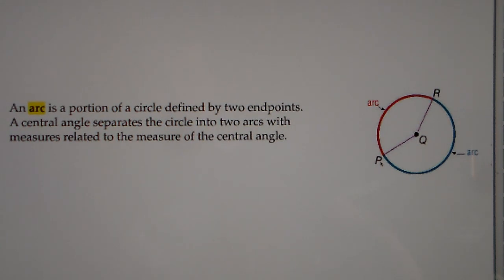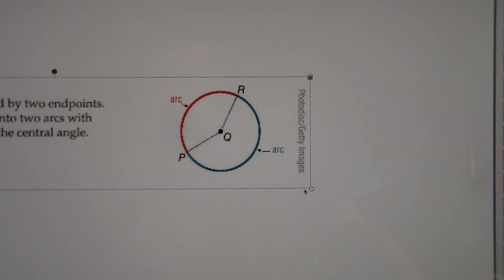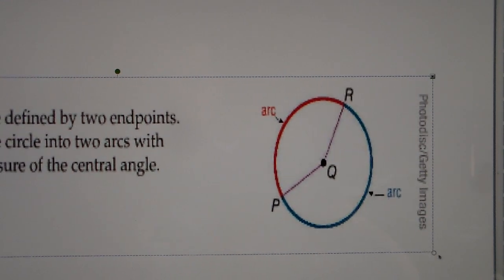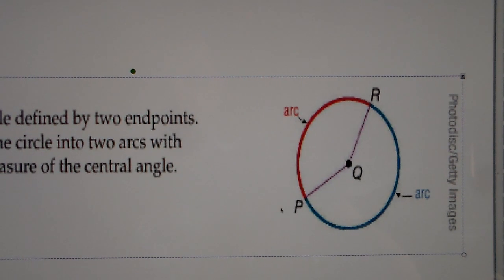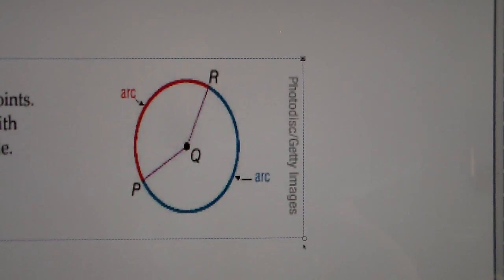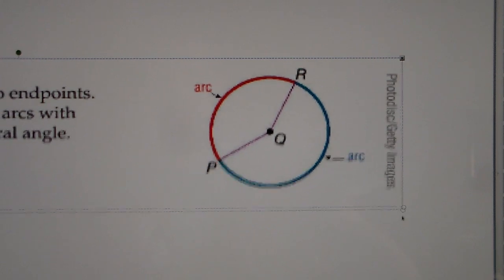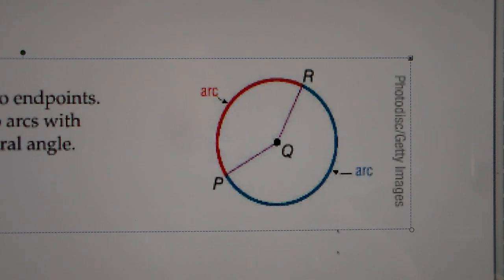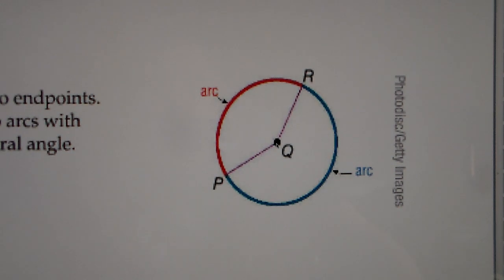So what this is saying is this. We have a circle. We have QR as a radius and QP as a radius. When you have one central angle inside of a circle, it makes two arcs.